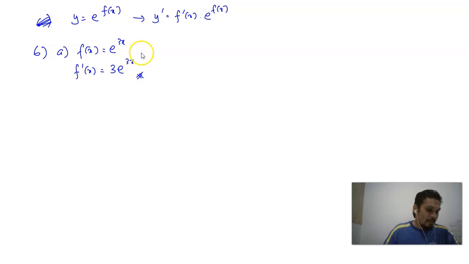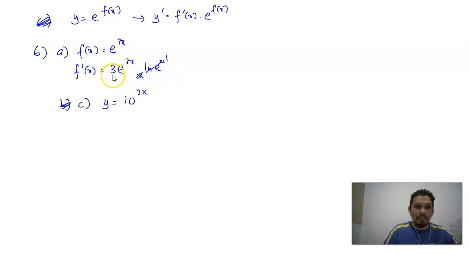Okay, I'm not going to show you all. We're going to choose C. Y equals 10 to the power of 3x. What's the difference between the constant e and 10? Because with the base 10 here, when we differentiate this, there is actually a term of ln e, but since it equals 1, only 3e to the power of 3x is left.